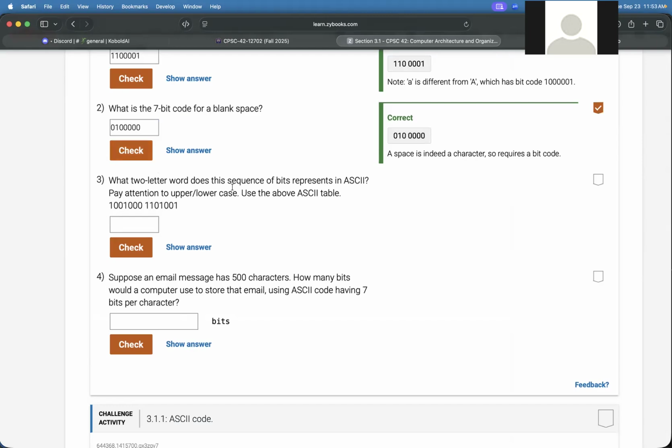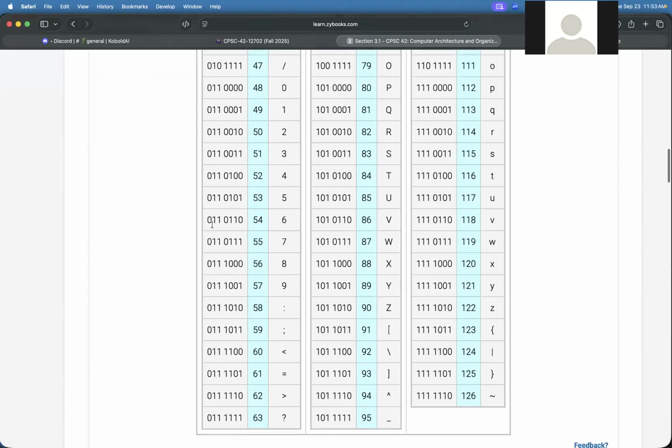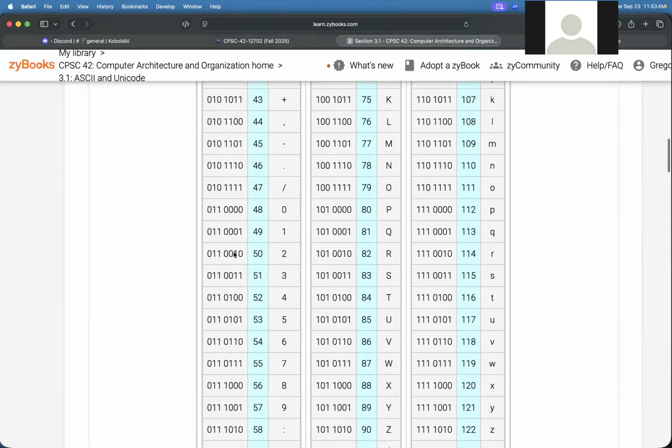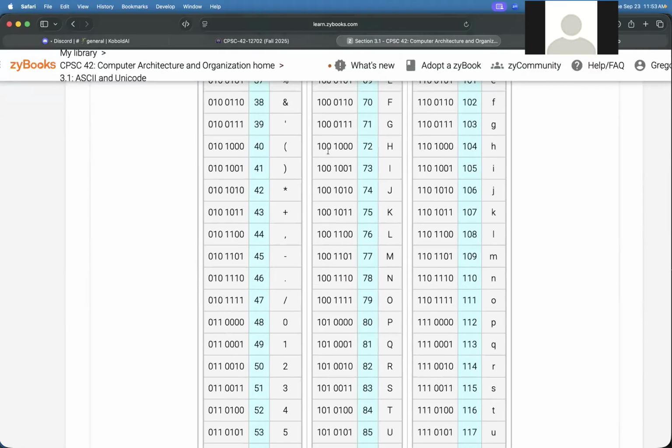What 2-letter word does this represent? So you'd have to look this up. 1001000. We look at the beginning of the letters until we get to 1001. All right, here's 1001000. I think this is it. So that's the first one we were looking for.